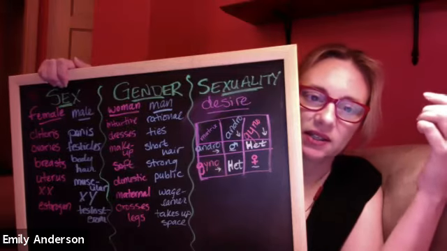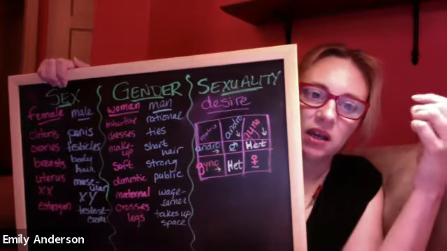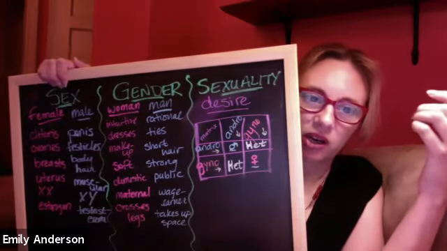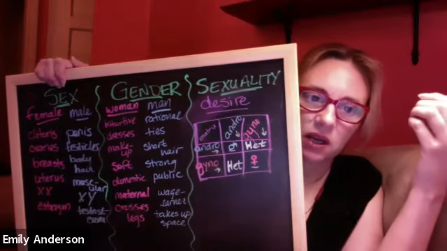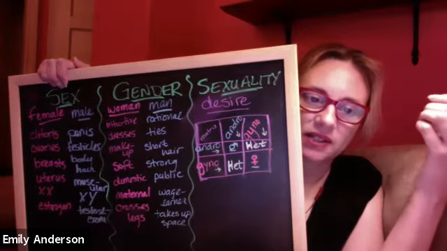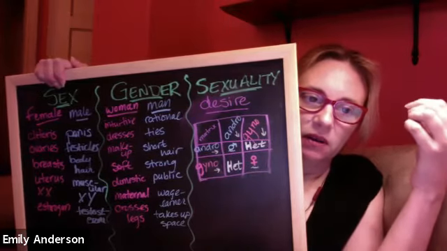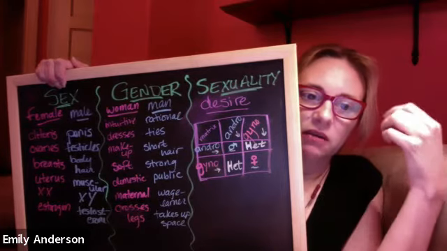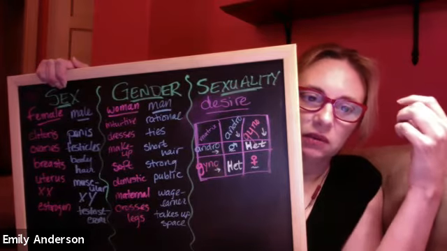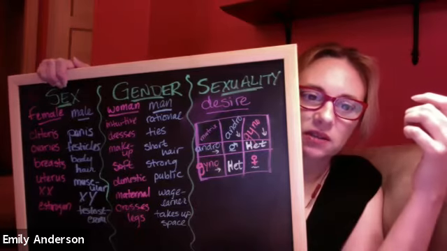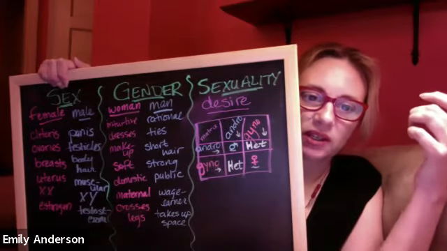You might have undescended testicles. You might appear to have a vagina, but it doesn't go up to a uterus. You might have an enlarged clitoris that looks, at least when you're born, like a smaller penis.